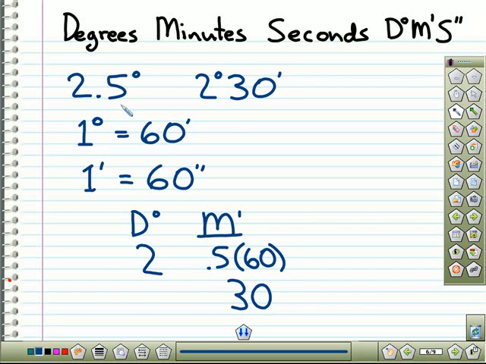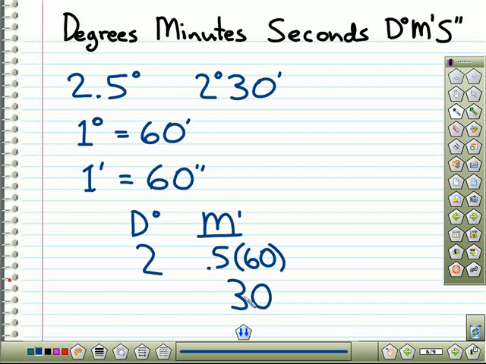Because we want our notation here to be in degrees, minutes, and seconds. Well, we know that every degree has 60 minutes. So we take this fraction, 0.5, and multiply it by 60 to give us how many minutes we have. So half a degree works out to be 30 minutes. Does everybody see that?